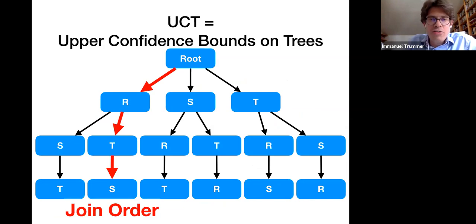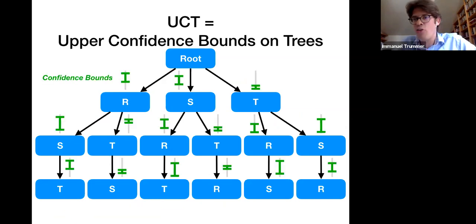Now, this algorithm maintains statistics about the confidence bounds on the average reward that can be obtained with different join orders. And since it is the upper confidence bounds algorithm, it focuses on the upper bound of that confidence bound when selecting the next join order to try.